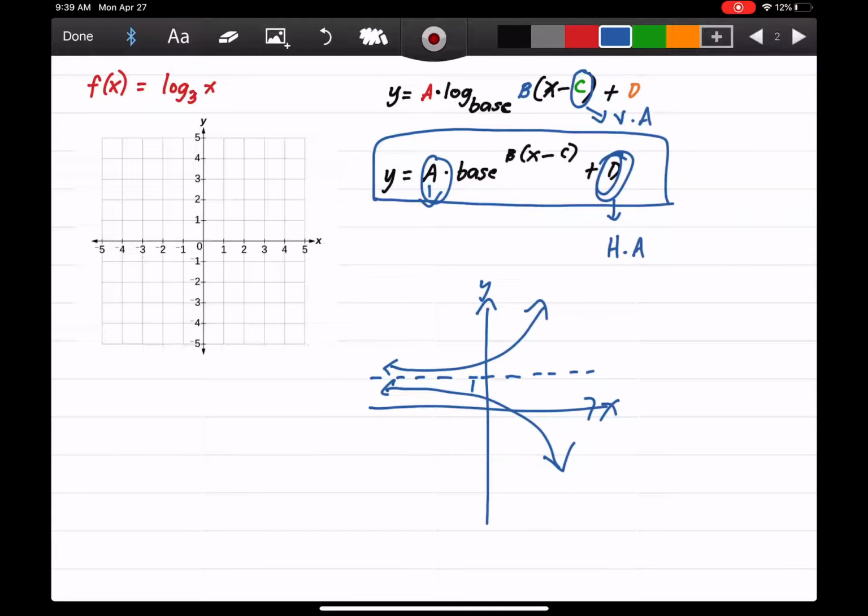What about in the logarithmic function? We know that c is a vertical asymptote. Let's say we have a vertical asymptote at x equals 2. For example, that is your value of c. Now how do we know if the graph will be on its right or on its left?